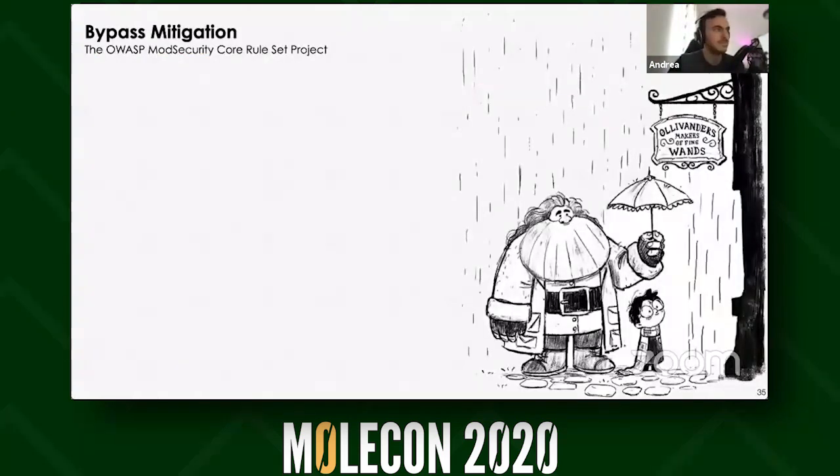I spent many years working on web application firewalls and ModSecurity. ModSecurity is an open source web application firewall widely used by many vendors and companies to protect their applications. ModSecurity is the engine and lets you create SecRules.